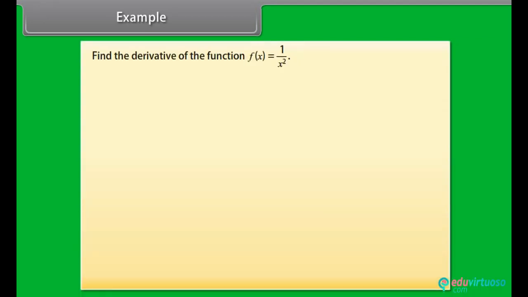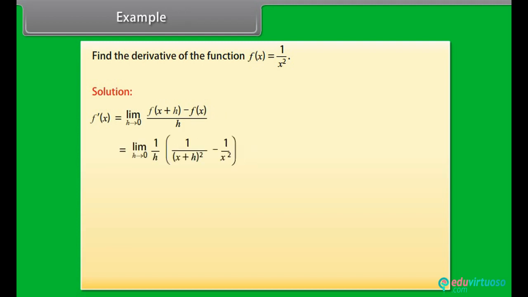Find the derivative of the function f(x) is equal to 1 upon x square. Solution. We have the limit as h tends to 0 of the difference between f of x plus h and f of x, divided by h, which is equal to the limit as h tends to 0 of 1 by (x plus h) whole square minus 1 by x square, divided by h.